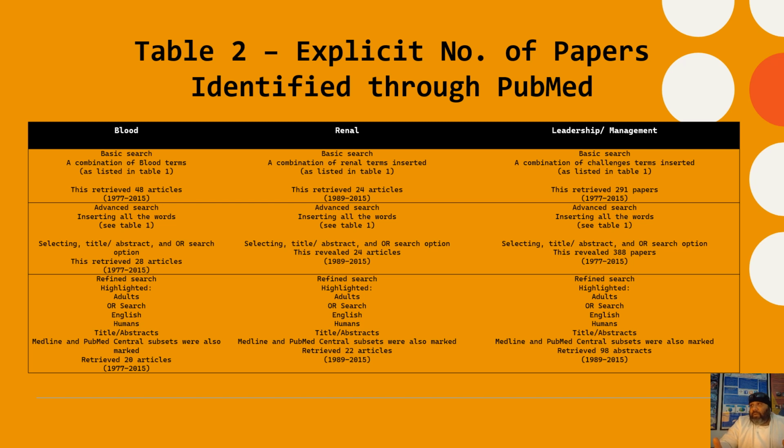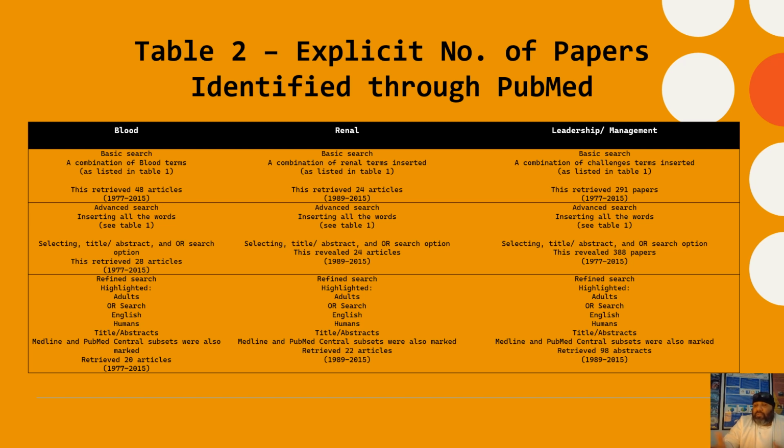And then under renal, for example, here you can see there was, in relating to a basic search through the PubMed search engine, a combination of renal terms inserted, as again outlined in table 1 in the previous slide, and then a combination of those words relating to blood or hematology and leadership and management, and that revealed 24 articles between 1989 and 2015.